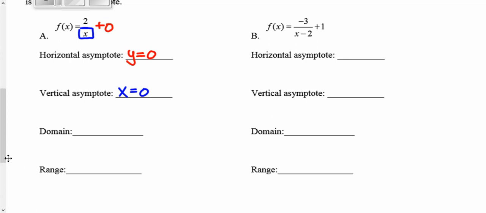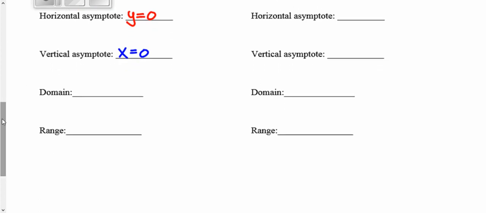Now these are going to correlate with domain and range. So notice that the vertical asymptote is written as x equals. Remember that your domain goes with x as well. So your domain is going to be all real numbers except where x is equal to 0. And that's how we're going to write that. So it's all real numbers except wherever your vertical asymptote is.